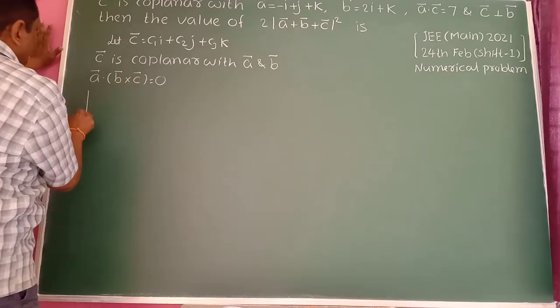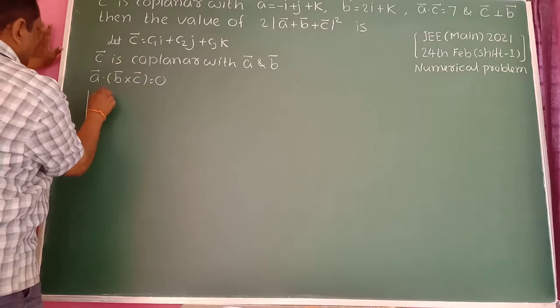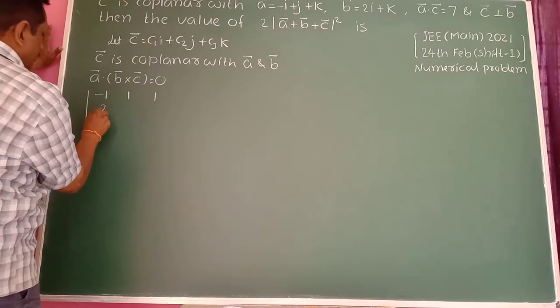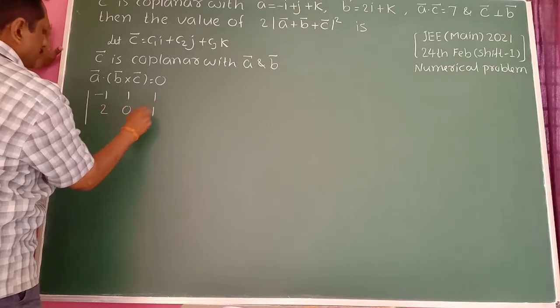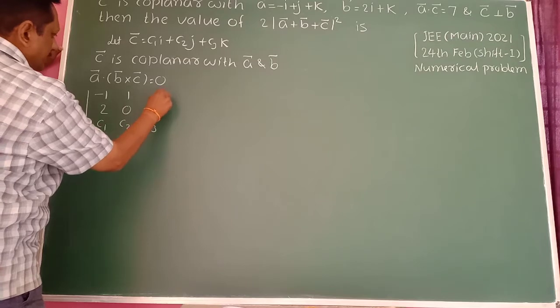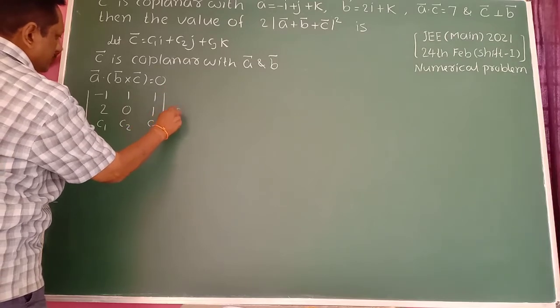So the determinant with rows minus 1, 1, 1; then 2, 0, 1; then C1, C2, C3 is equal to 0.